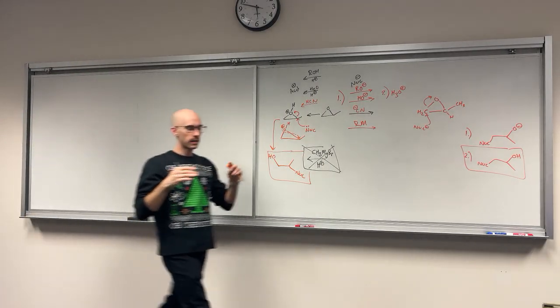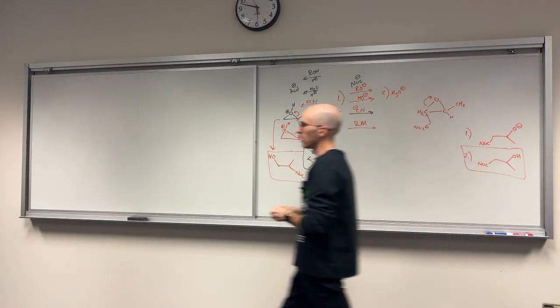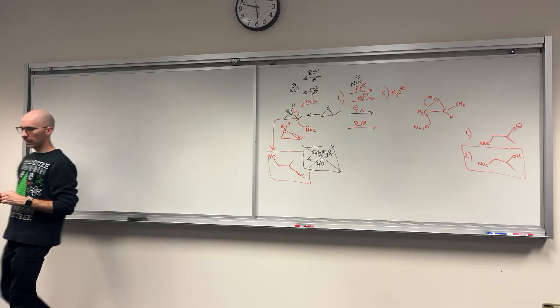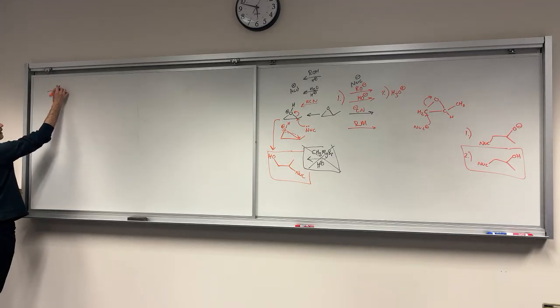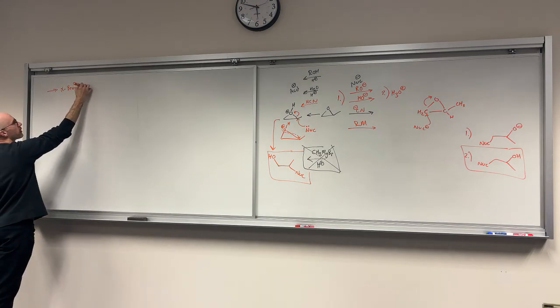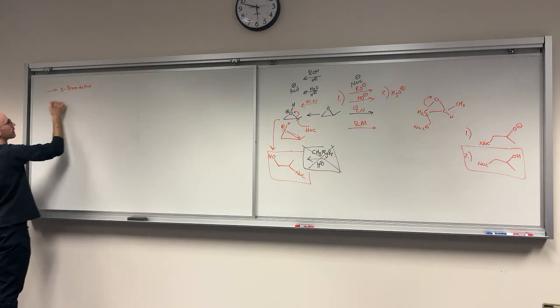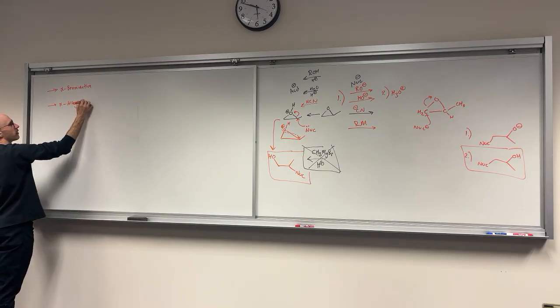Was your concept kind of around the unit test questions? Why don't we look at the highlight reactions that we learned in Unit 5? First, we learned about alpha bromination and alpha alkylation.